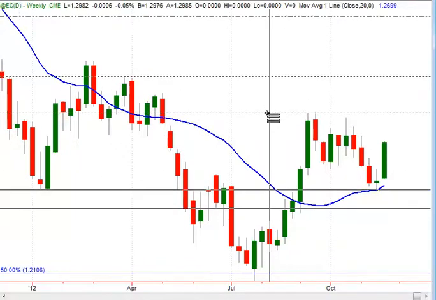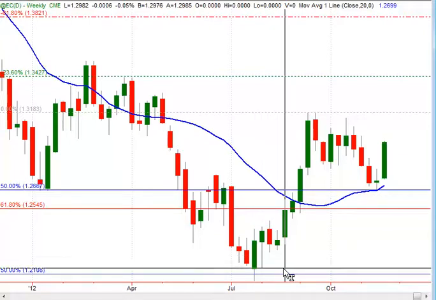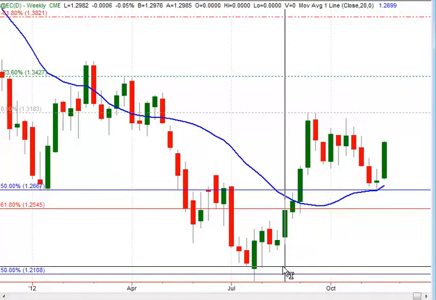This level is much clearer when you watch the weekly chart of the euro USD forex pair, and it corresponds to the 50% of this support here on the weekly forex pair chart. So we had the support in the 126.65 area.